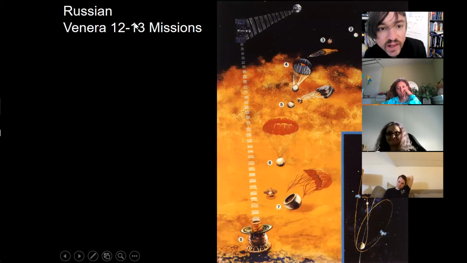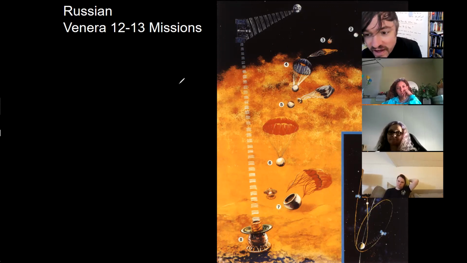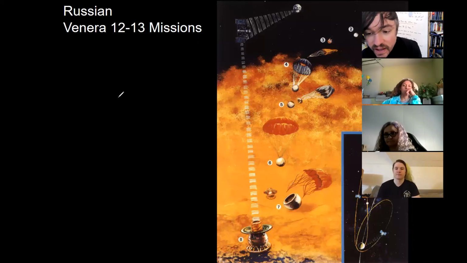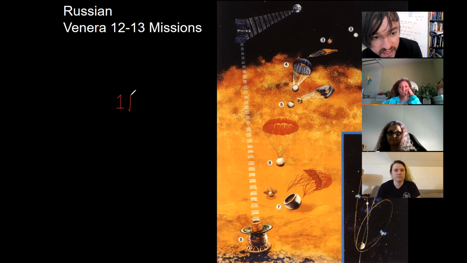Along the way, they sampled Venus's atmospheric gases, and one of the things they sampled for was deuterium. In Venus's atmosphere, the abundance of deuterium is one deuterium atom for every 60 hydrogens.